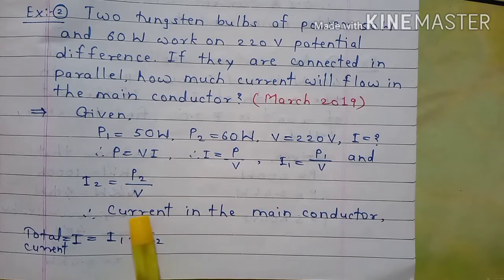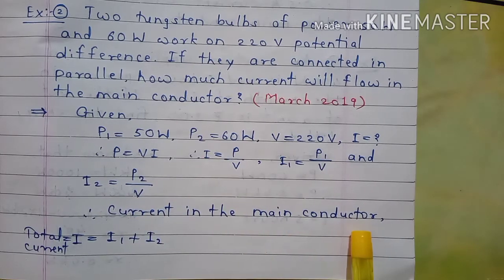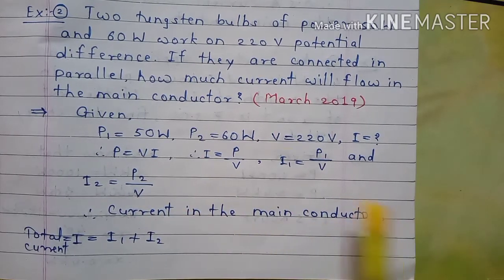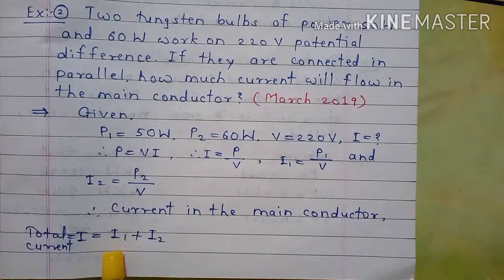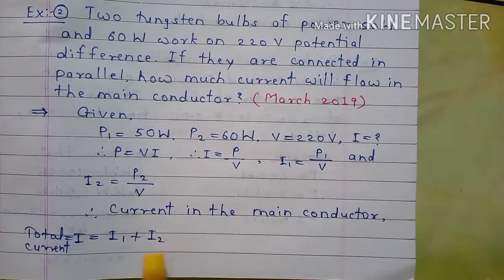Okay. So here current in the main conductor. So current in the main conductor means that is the addition of the total current. So therefore total current I is equal to I1 plus I2.